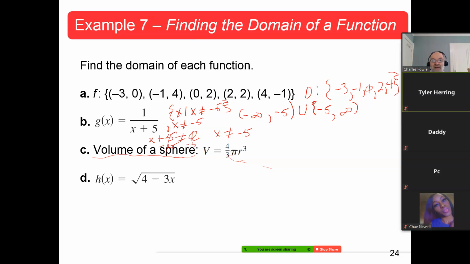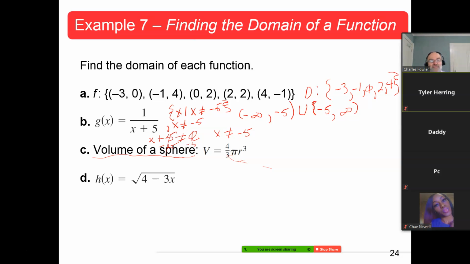Has to be positive. Have you ever bounced a basketball that had a negative radius? That makes no sense.